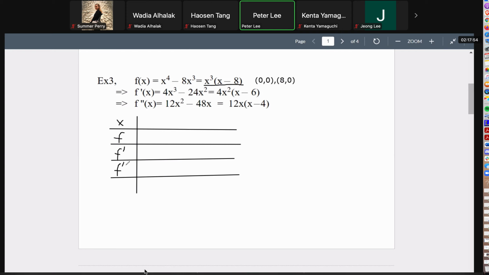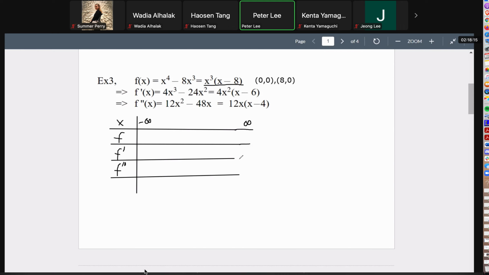The third one is f double prime or y double prime. In the first row, we have to put all the extreme, the critical values, critical points. For polynomials, we always get this end behavior, minus infinity to infinity.